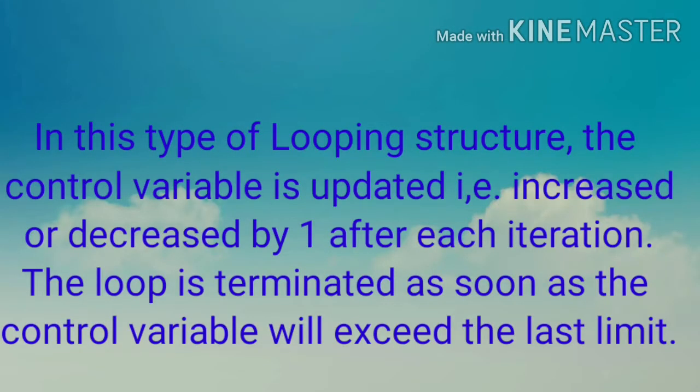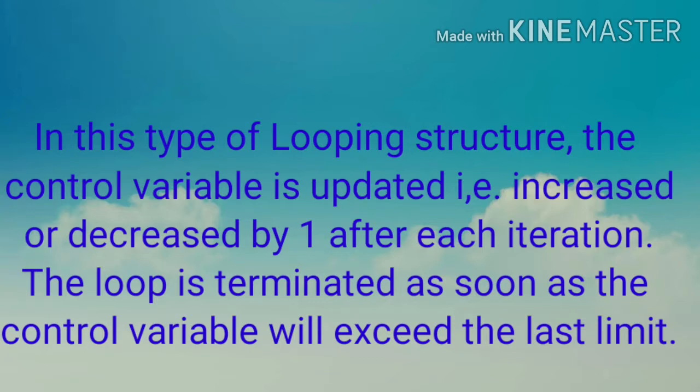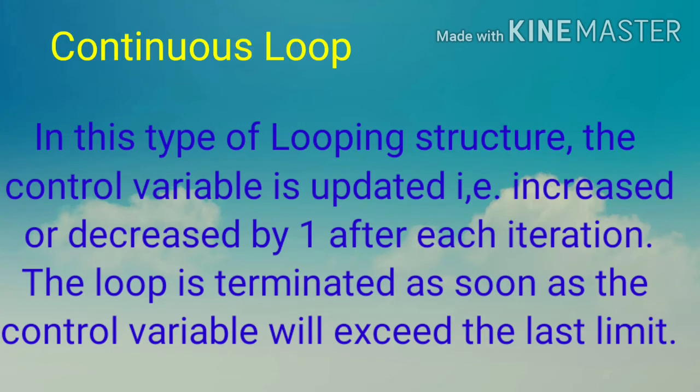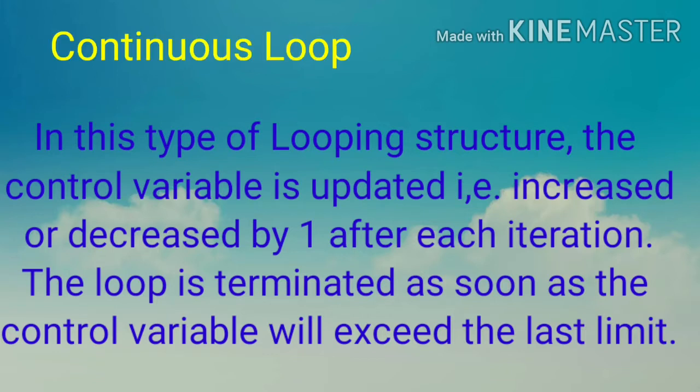Continuous loop. In this type of looping structure, the control variable is updated, that is, it increases or decreases by 1 after each iteration. The loop is terminated as soon as the control exceeds the last limit.